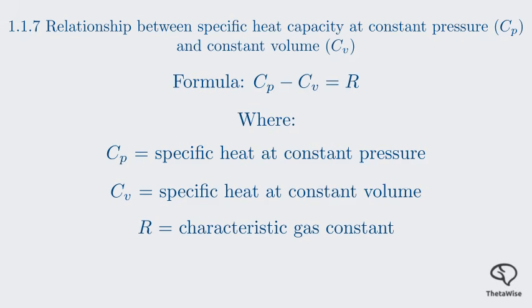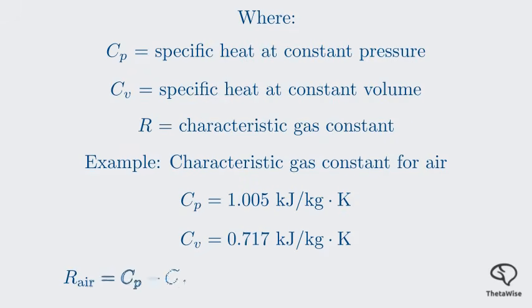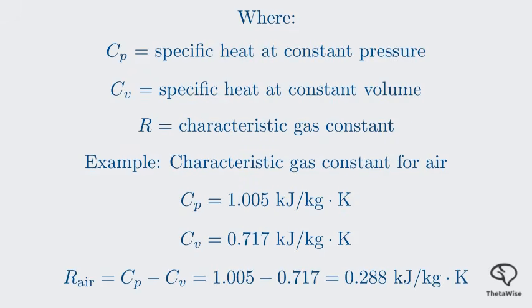The notes also provide a proof of this relationship. It uses the first law and the ideal gas law to show that R equals C sub P minus C sub V. The derivation, though interesting, confirms this fundamental equation. For a common gas like air, which we often approximate as an ideal gas, we can look up the values.